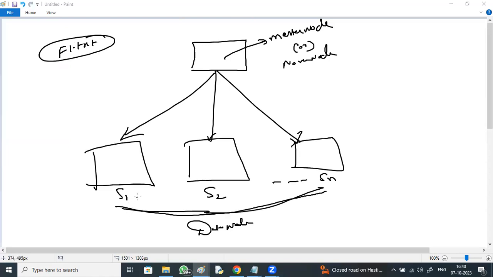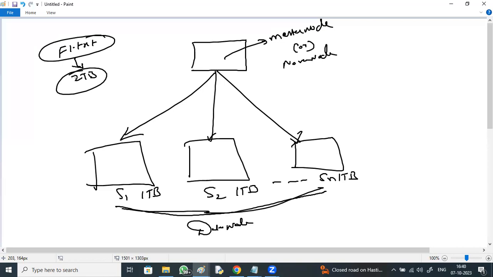Think that each slave has a capacity of 1 TB, 1 TB, 1 TB, right? But if the file size is 2 TB, this 2 TB file cannot fit into any of these slaves.